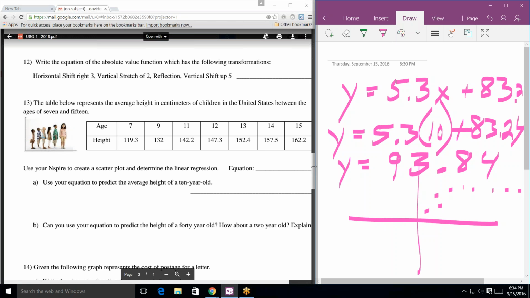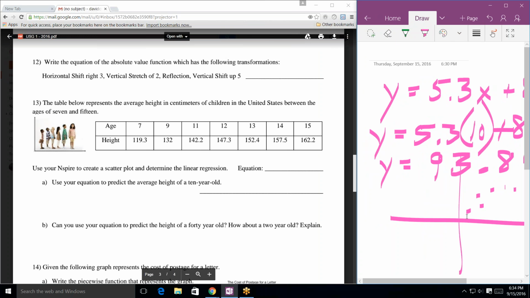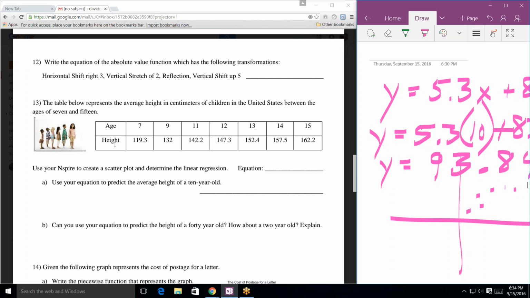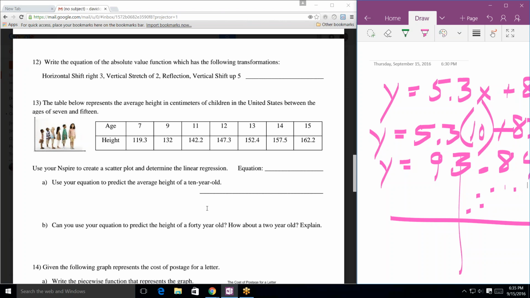And the only way you can really know that is if you know something about the problem. In other words, if this was a blind problem where they weren't talking ages and heights and they just gave you an x and a y, then you might be able to use it to predict a 40-year-old. But knowing something about how people grow lets you know that it's not linear.